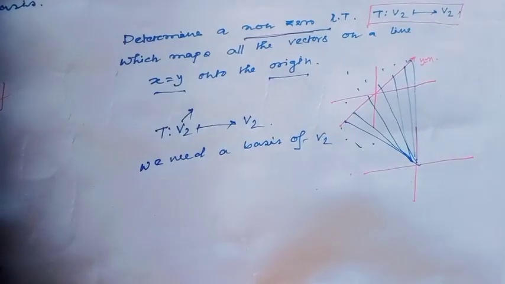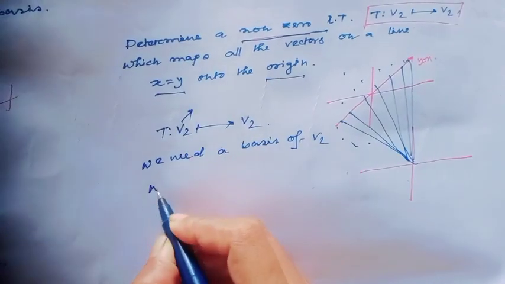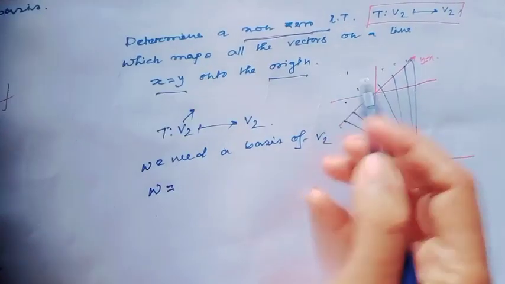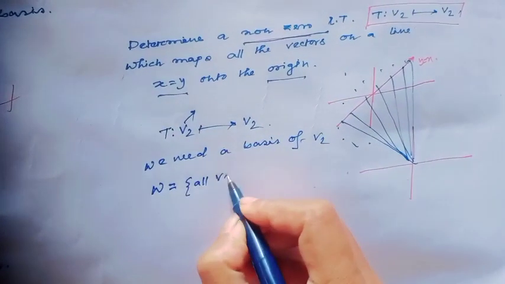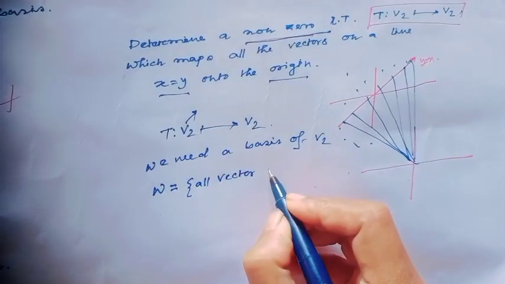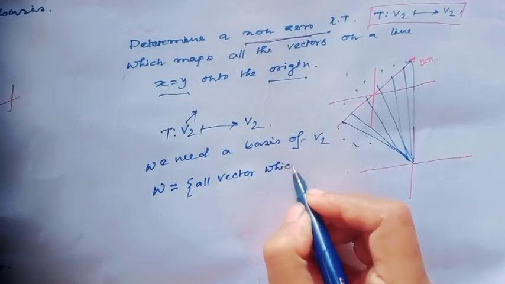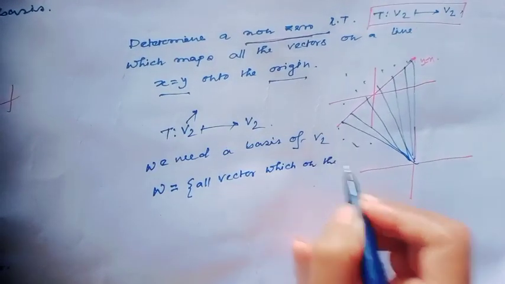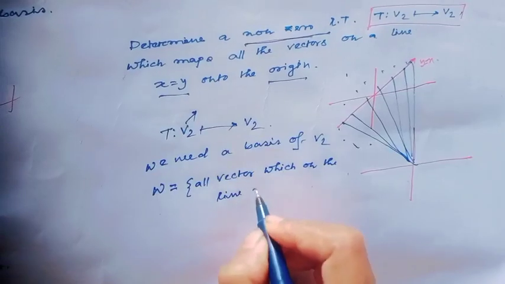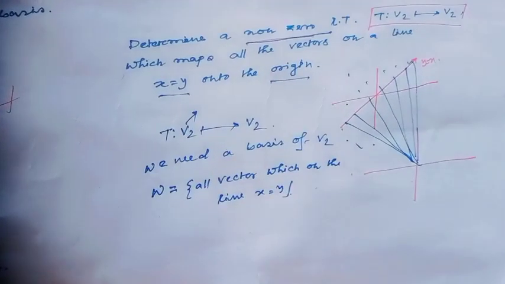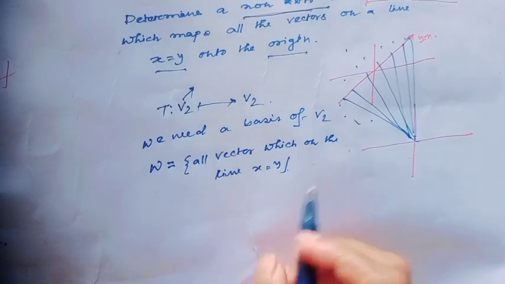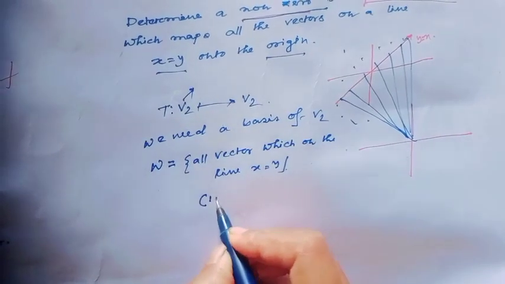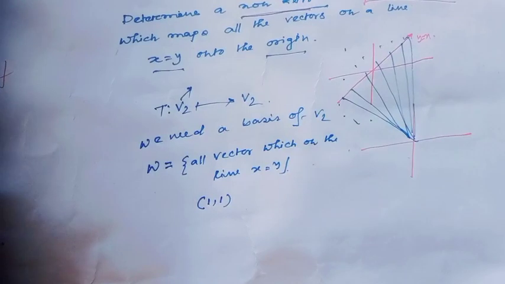Here, define the subspace. Consider this subspace as W, which contains all vectors on the line x equal to y. Have you understood this subspace? And in this subspace, the basis vector would be (1,1).